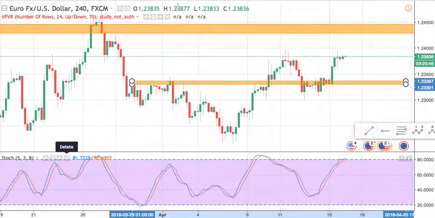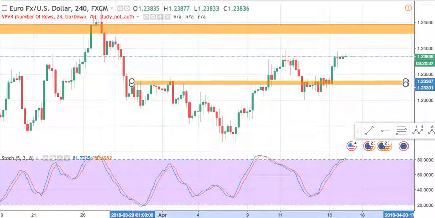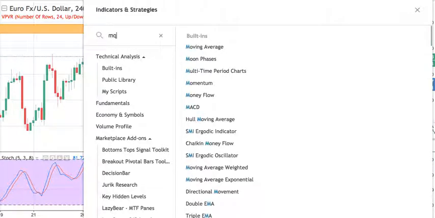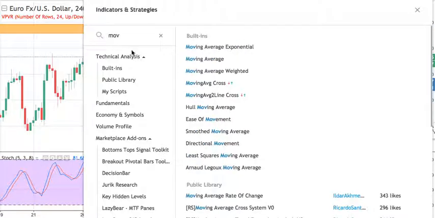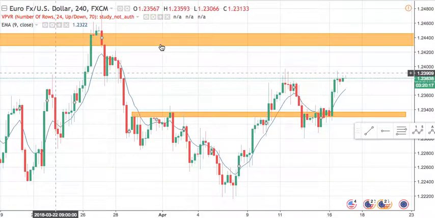So let's put an MA on here. People use the moving average crossovers. I like to use the exponential. Let's get rid of the stochastic.